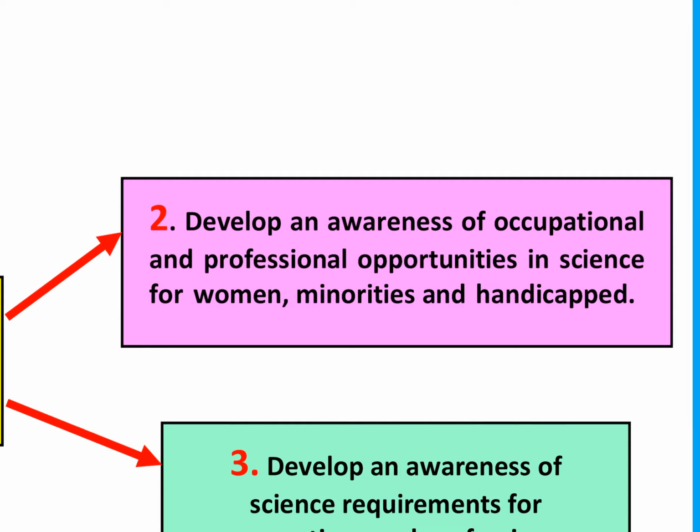That means various types of occupation and professional opportunities are available if this basic education in science is given to the learner. Those professions or occupations can be adopted by women, and when it is suitable for women, it is suitable for minorities and for differently abled people also.